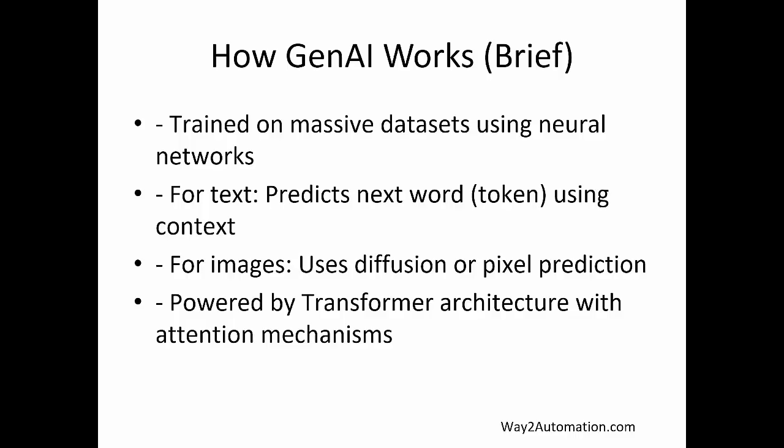For text-based models that includes books, websites, code repositories, while for image models, datasets like ImageNet or LAION are used. Once we have the data, we move to a process called tokenization. For text, this means breaking down sentences into smaller chunks called tokens, which could be words, subwords, or even characters. For images, the model may break them into pixels or patches to understand the structure.